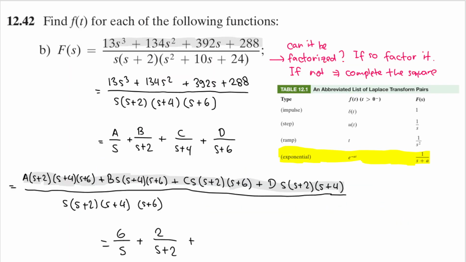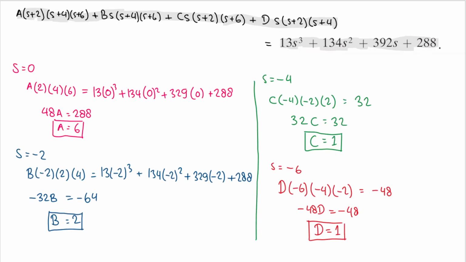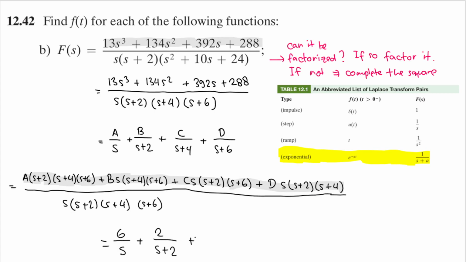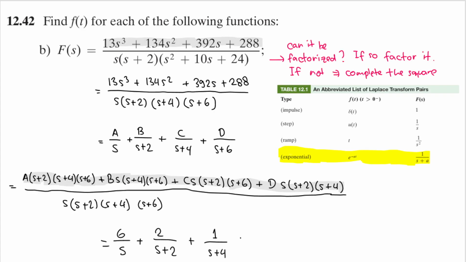Oh, not that one. C is also not that one. C is 1. So 1 over s plus 4. And I think d is also 1, right? Okay, so we'll have plus d. D is also 1 over s plus 6.